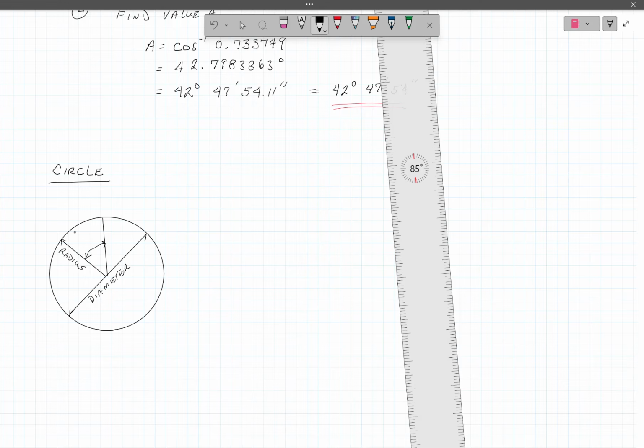We have an arc out here, which goes from here to there. The pie-shaped piece is called a sector. We have an angle, which will be called the central angle.